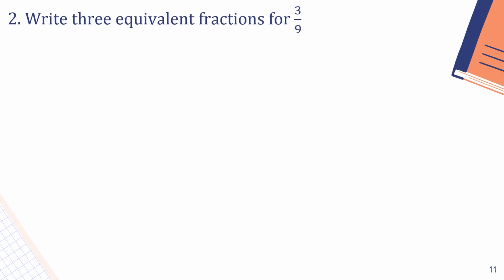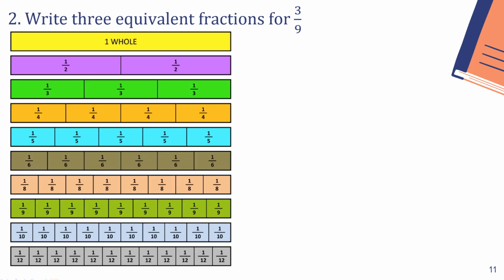Now we're going to write 3 equivalent fractions for 3/9. I found this little graphic online. It's just these fraction strips. At the top we've got one whole, then we've got it broken into two pieces, so pieces of length 1/2, and then 3 pieces, so that's pieces of 1/3, then 1/4, 1/5, 6th, then it skips 7th, and we have 8th, 9th, 10th, and then skips 11, and then 12th.